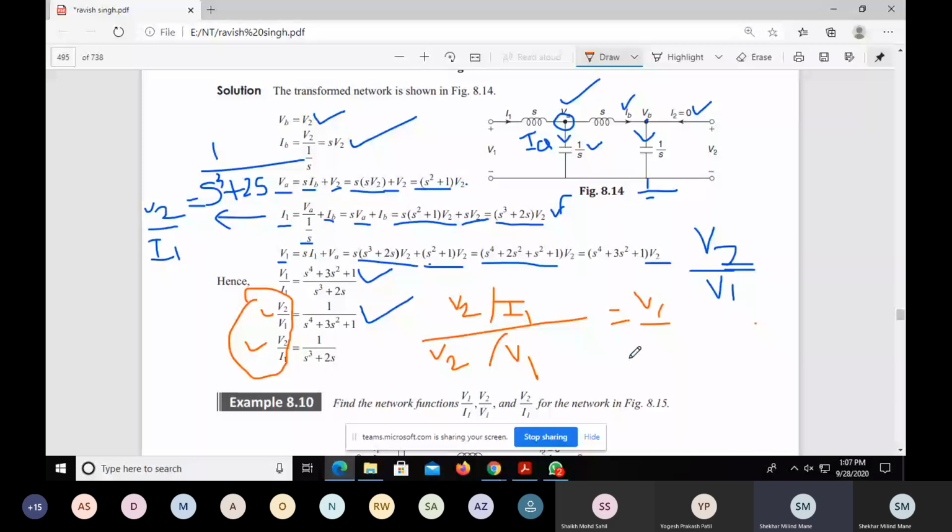So this will be V1 upon I1. If you take the ratio of these two, then you will get V1 upon I1. So have you understood this second problem? Yes, sir.